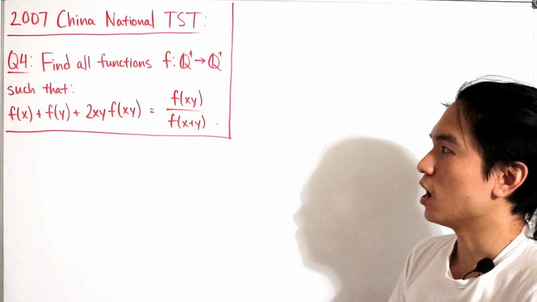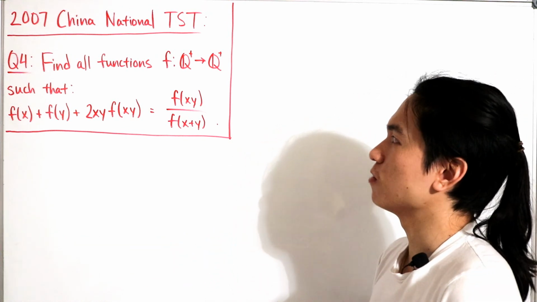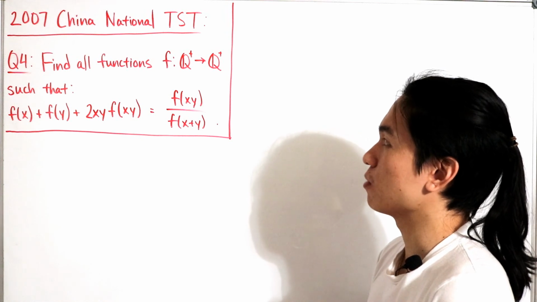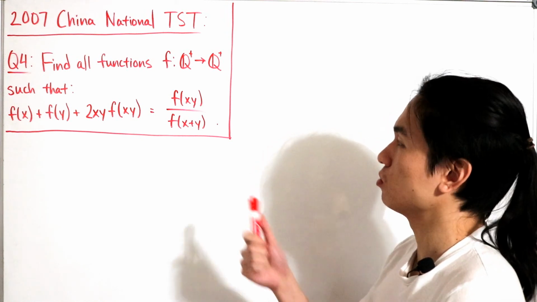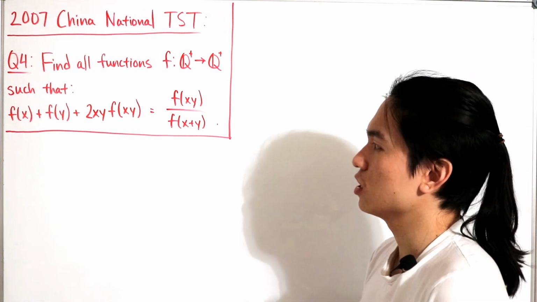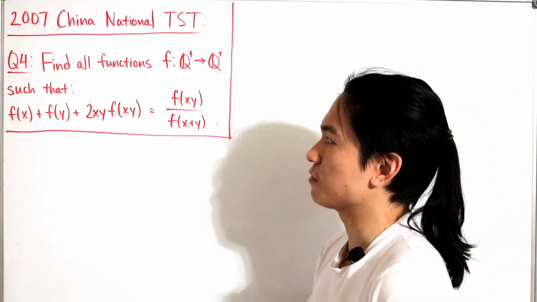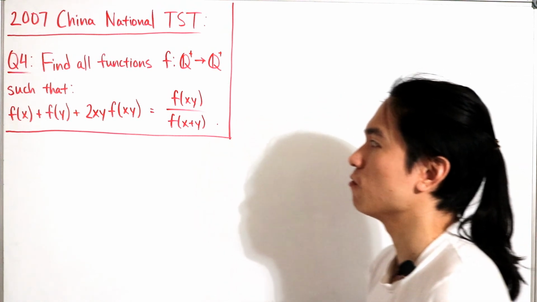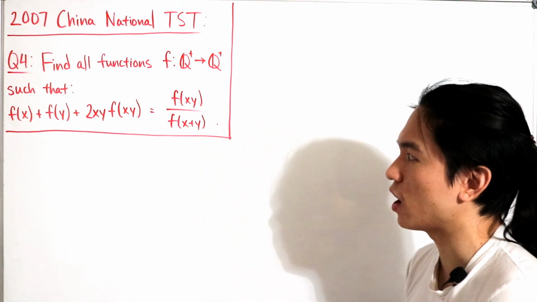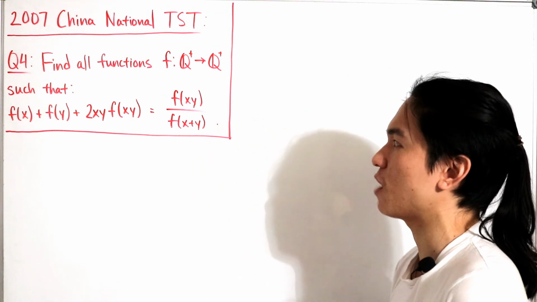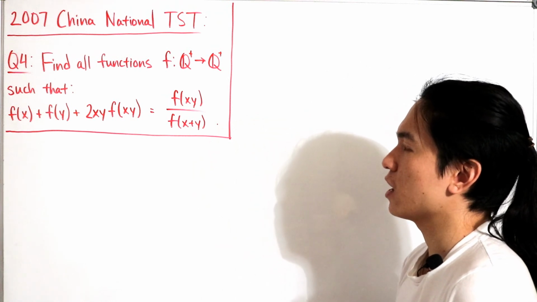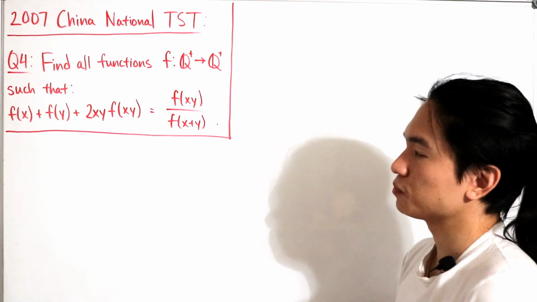The question is to find all functions f that map from the positive rationals to the positive rationals, such that the functional equation is satisfied: f(x) + f(y) + 2xy f(xy) = f(xy) / f(x+y).